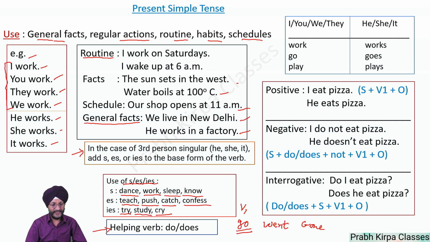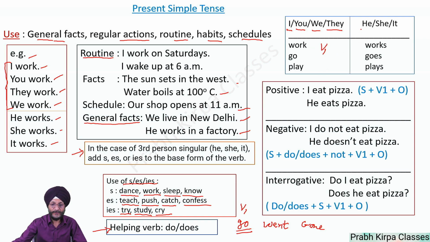In this case, the helping verb is do or does. As already told, in the case of the first person, that is I, or in plural form we, second person you, and the third person in plural form they, we use the first form of the verb.